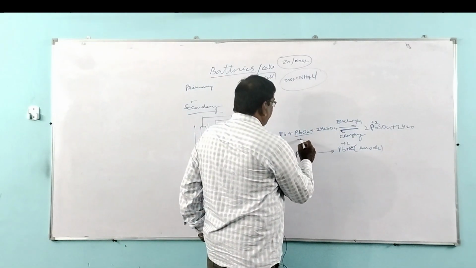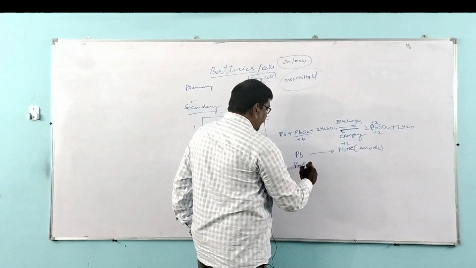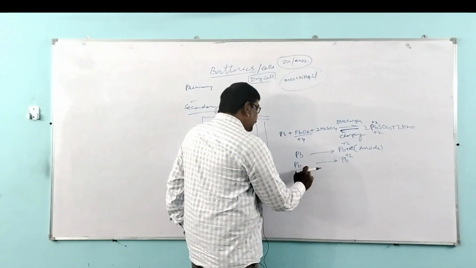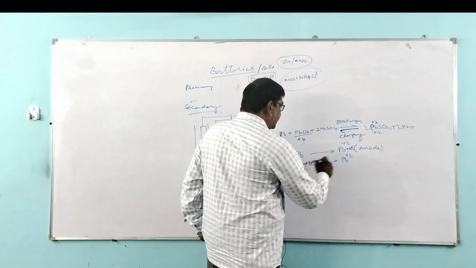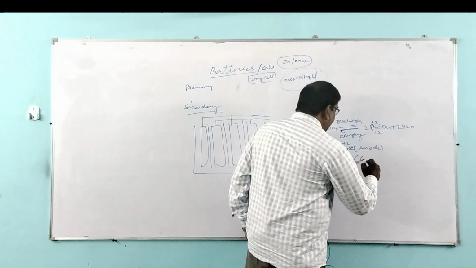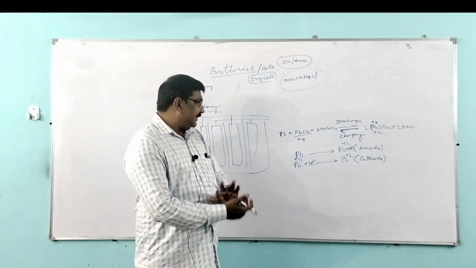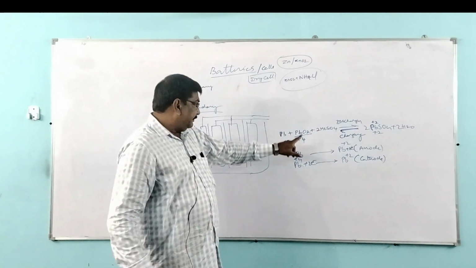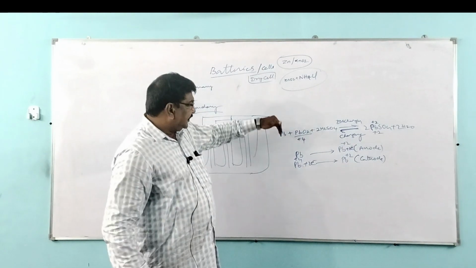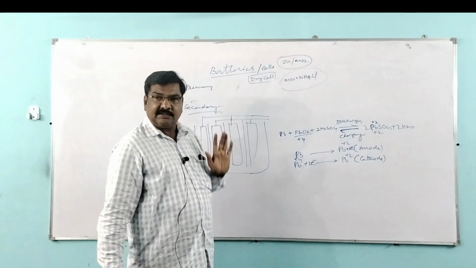Here PbO2, Pb in the plus 4 oxidation state, is converted into Pb2+. Pb4+ takes 2 electrons and becomes Pb2+. So this is the cathode reaction. Pb is converted into Pb2+ by the loss of 2 electrons, and Pb4+ is converted into Pb2+ by the gain of 2 electrons. During discharging, lead is anode and lead dioxide is cathode.